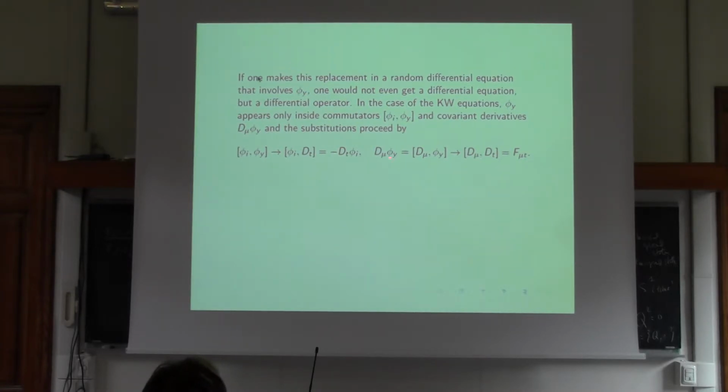Or a covariant derivative of phi y is a commutator with a covariant derivative, and that becomes a component of the curvature. So in either case, we can make the substitution of phi y with d/dt, and we still get a differential operator because these expressions here are of degree 0.